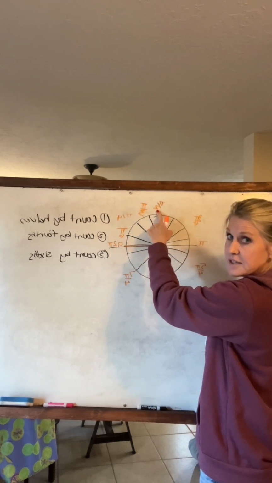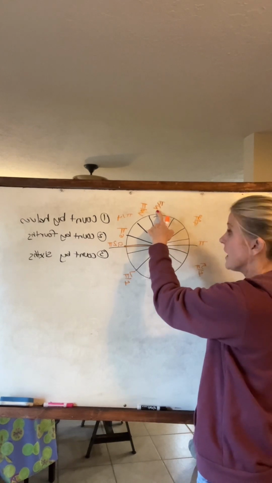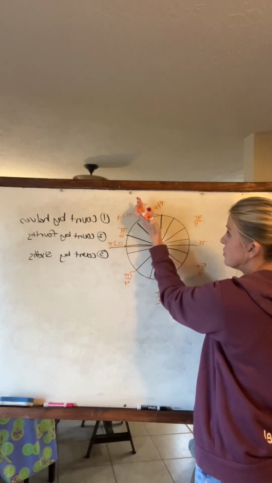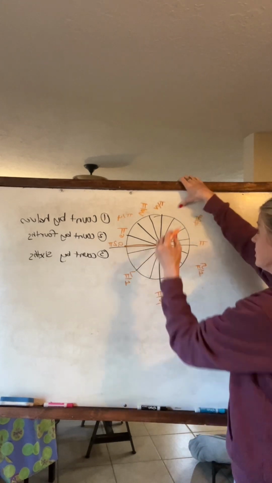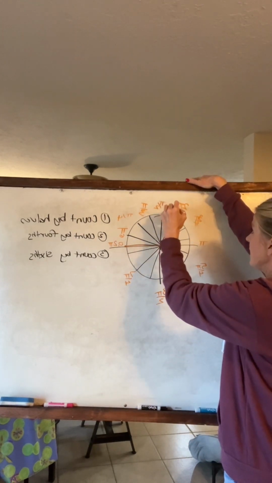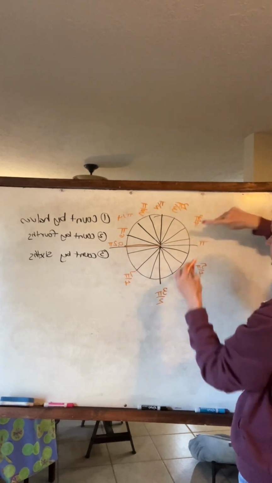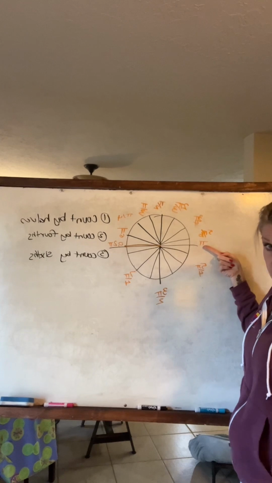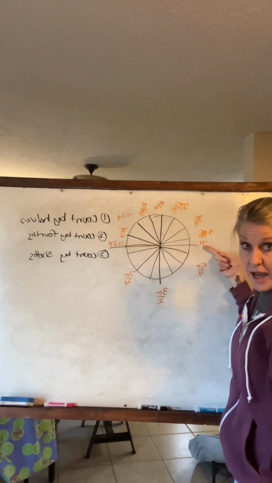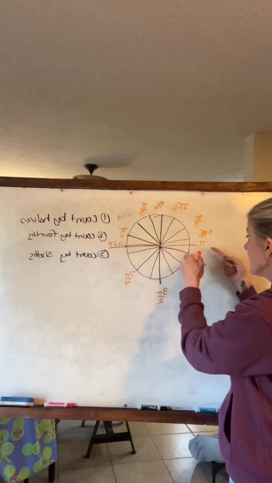That's 3 over 6 up at the top, which is 1/2, so I'm still on track. So we've got 1 over 6, 2 over 6, 3 over 6, 4 over 6, which is 2 pi over 3, 5 over 6, 6 over 6, which is pi, which gets me back where I'm supposed to be.